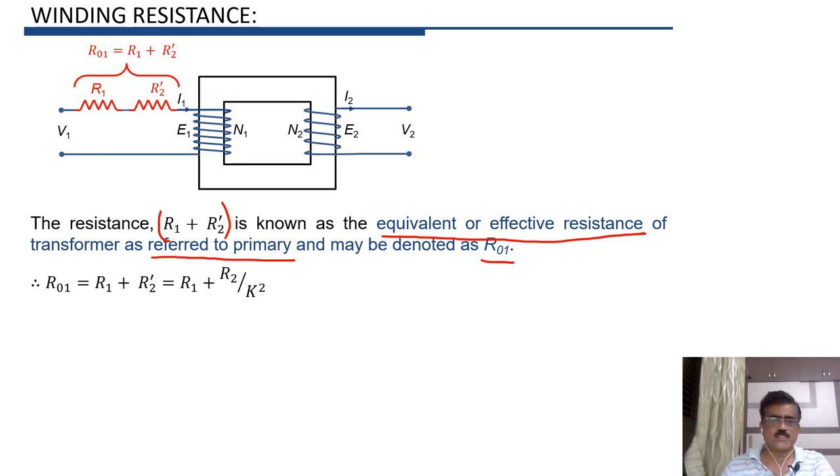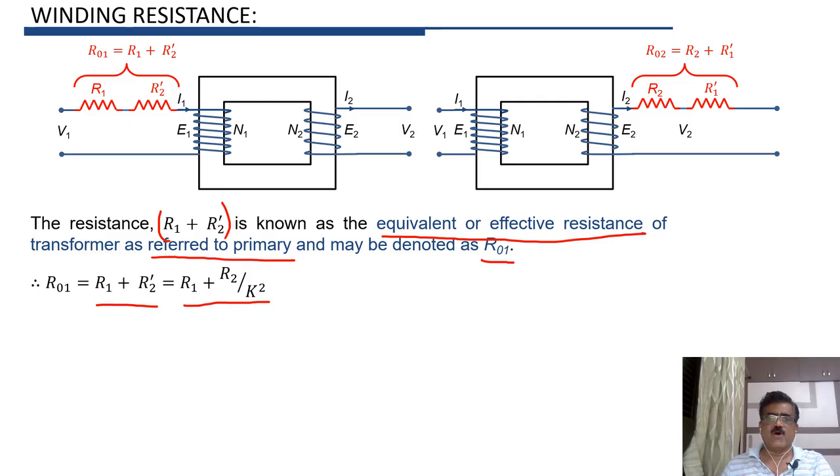So what is R01? It is R1 plus R2 dash, and R2 dash is R2 upon K square, and therefore R01 is R1 plus R2 upon K square.